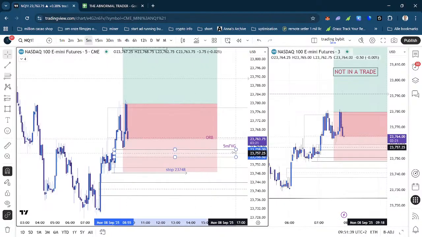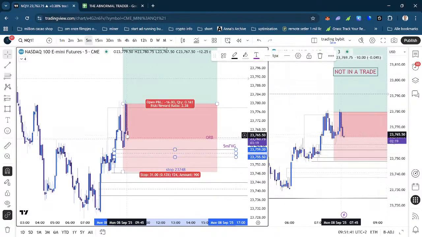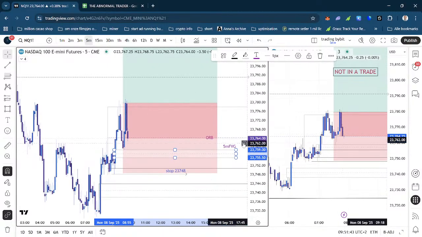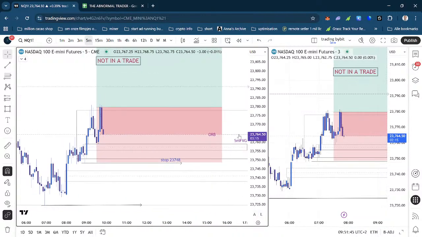I don't know, there is one more just below, but I prefer it right here to see that strength again in that market.